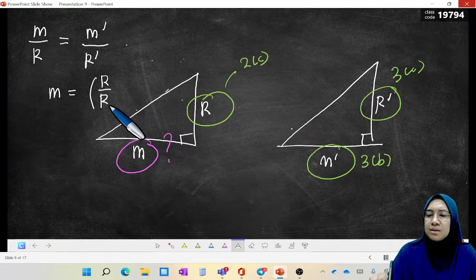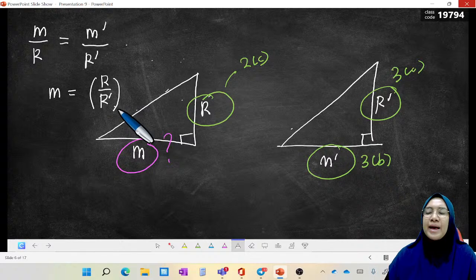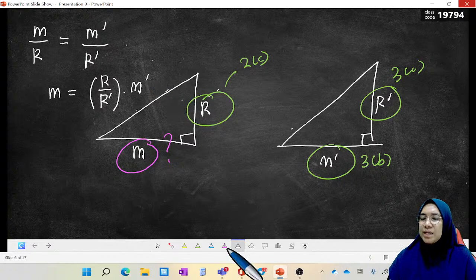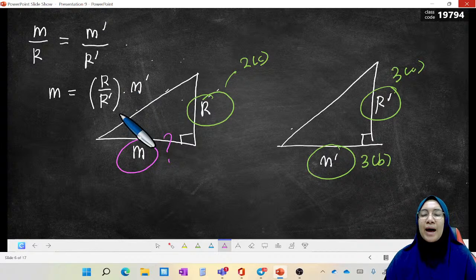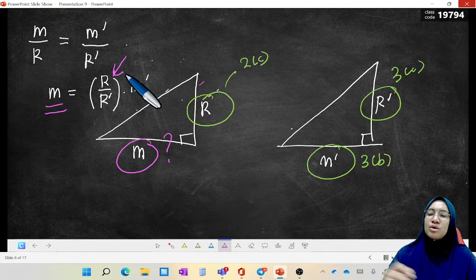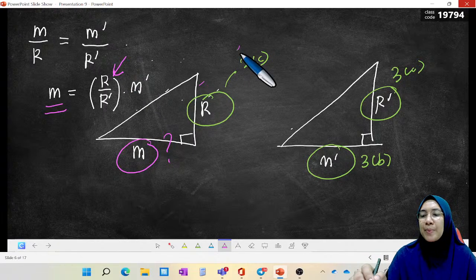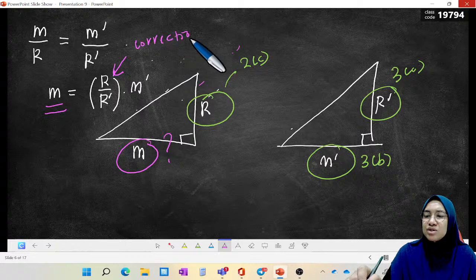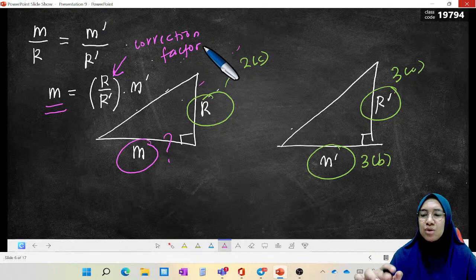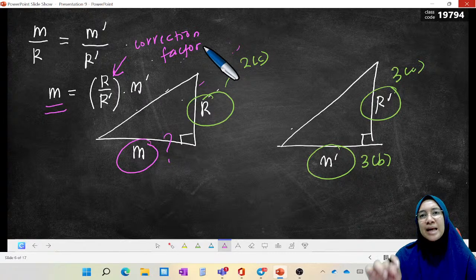We group R together, so it is R divided by R prime times M prime equal to M. So R divided by R prime is called the correction factor. So this M is equal to R over R prime times M prime.